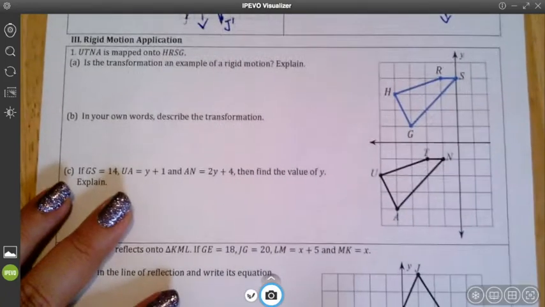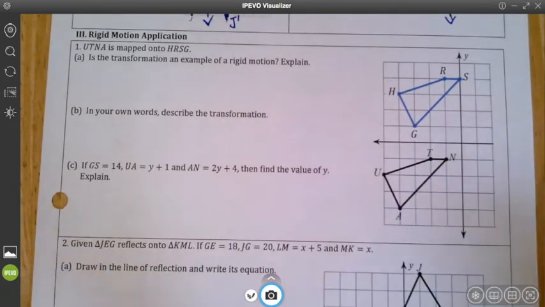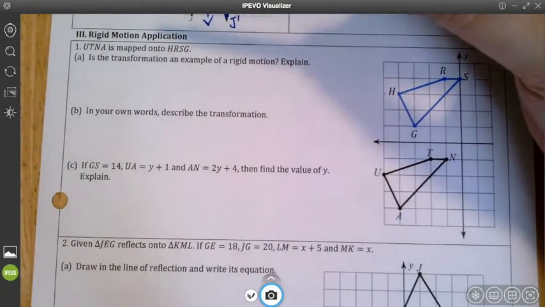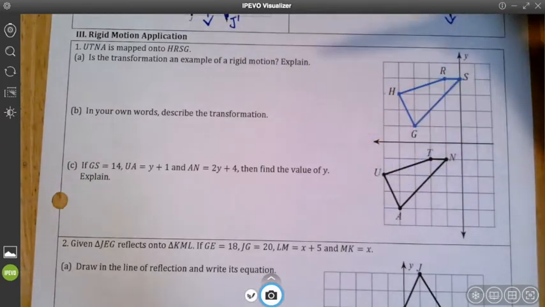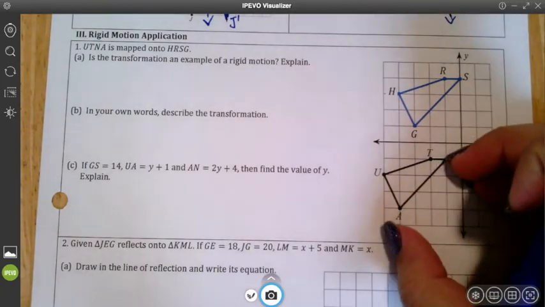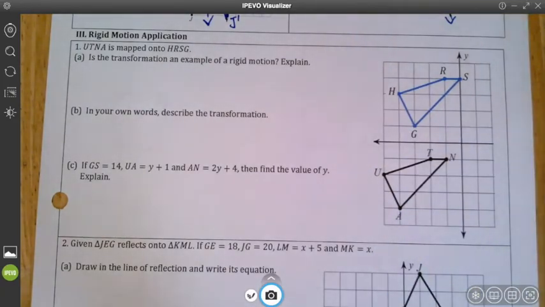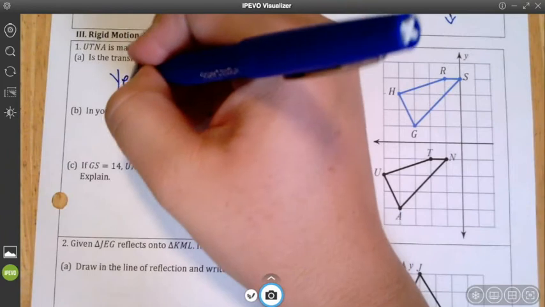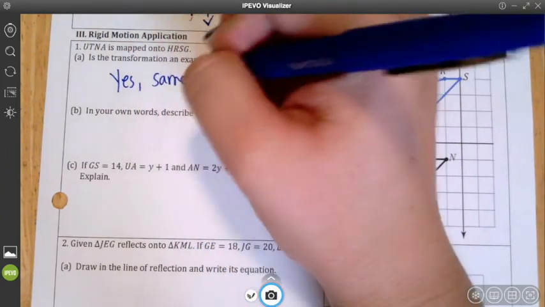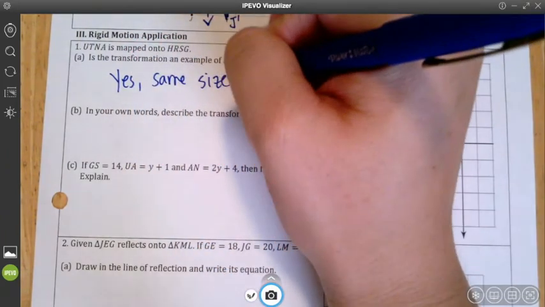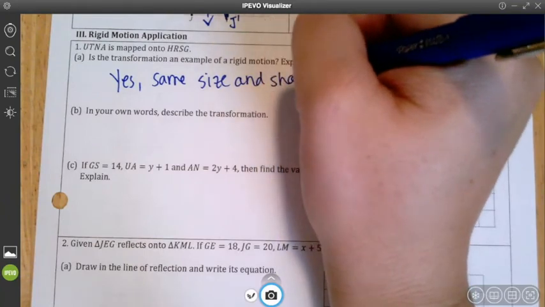Okay, so for this example, we have quadrilateral UTNA mapped to triangle HRSG. Is this a rigid motion? Well, is it the same size and shape? Yes. I can take this and this, they're exactly the same size and shape. Yes. Same size and shape.